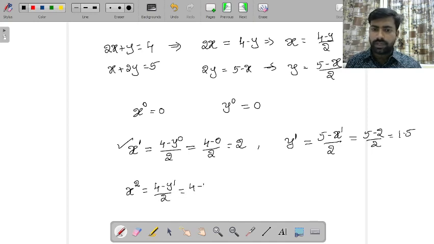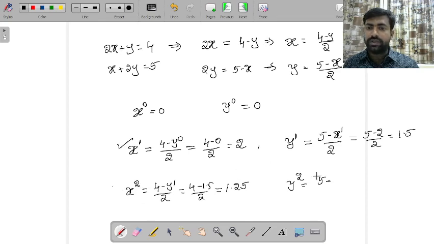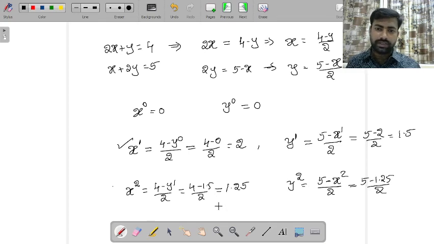That is (4 minus 1.5) by 2, that is 2.5 by 2, which will give you 1.25. Now to calculate y2, that is 5 minus, we don't use x1, we have an updated value, so we'll use x2 here. So that is (5 minus 1.25) by 2. So this is what we do in Gauss-Seidel.